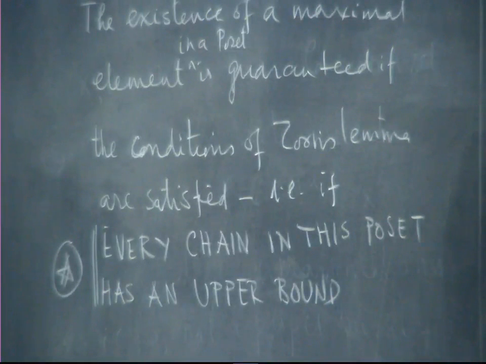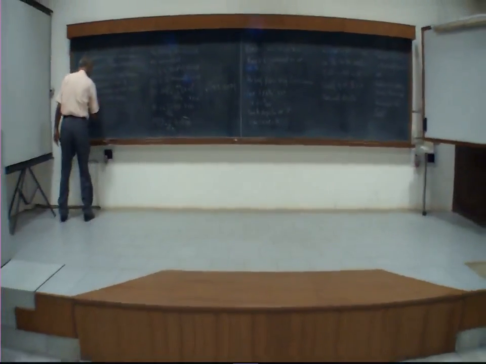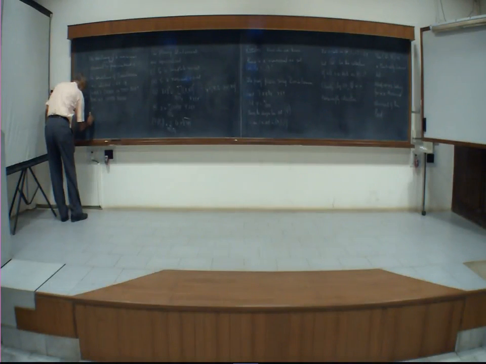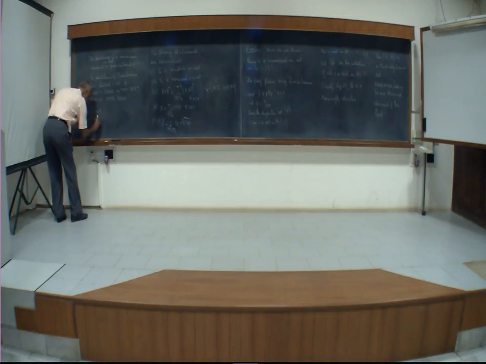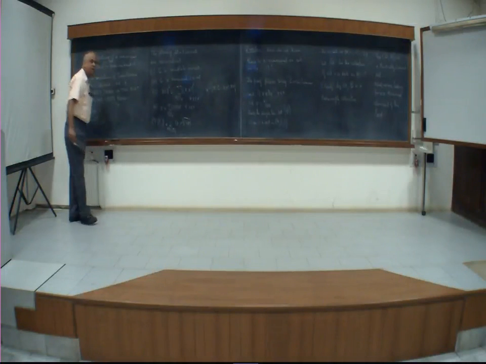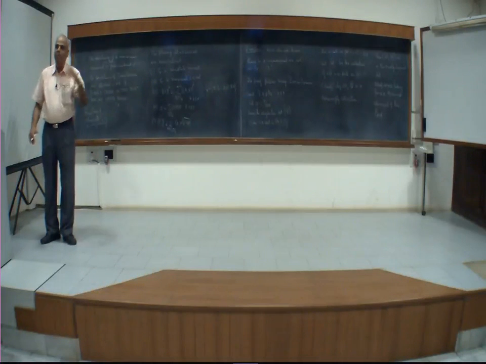A chain means a collection of elements in that poset is called a chain if every pair of elements in it is comparable. That is, give me two elements in it, either A is below B or B is below A. Upper bound means something that nobody can cross, that is, everybody is smaller than that.